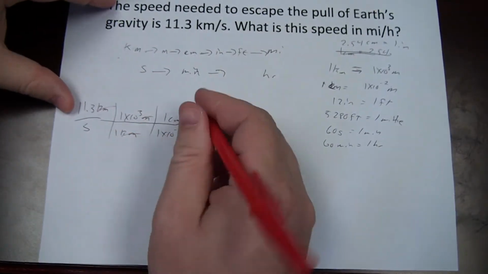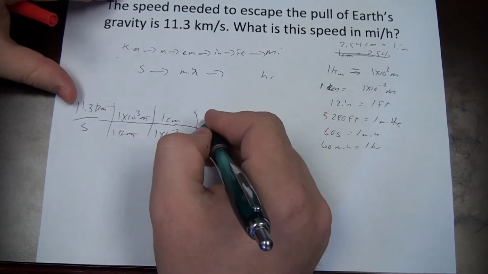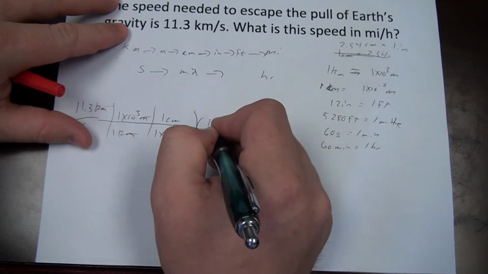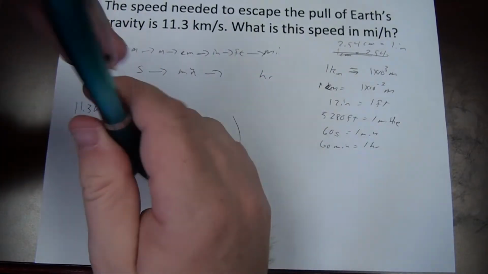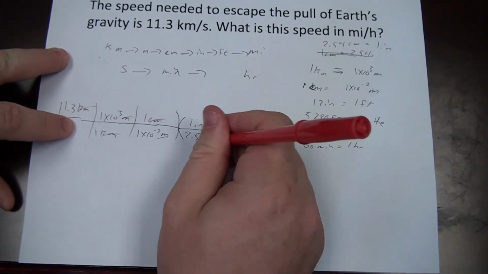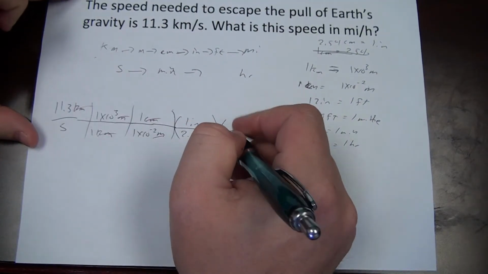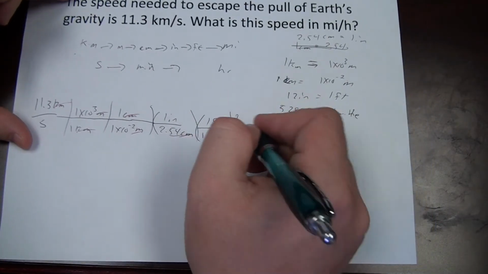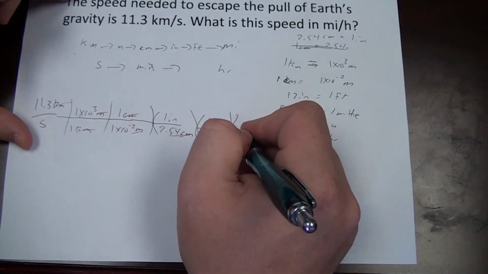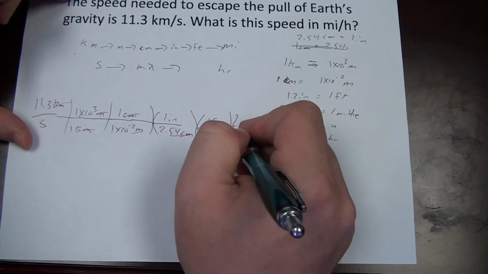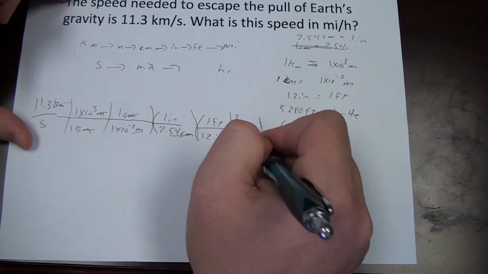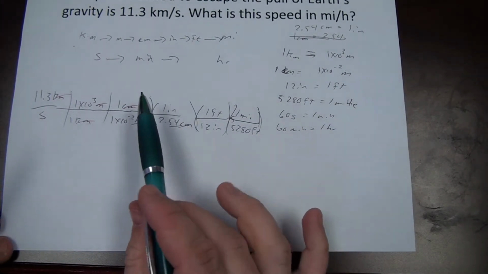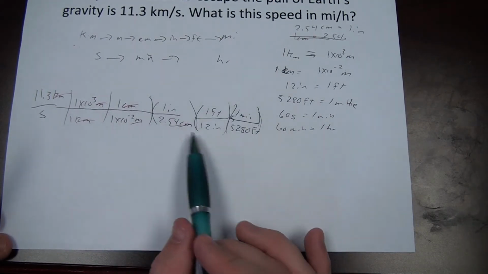That cancels out meters. We don't want centimeters, we want miles, so we have to keep going. There's 2.54 centimeters in 1 inch. There are 12 inches in 1 foot. 5,280 feet in 1 mile. So that is the conversion from kilometers to miles.